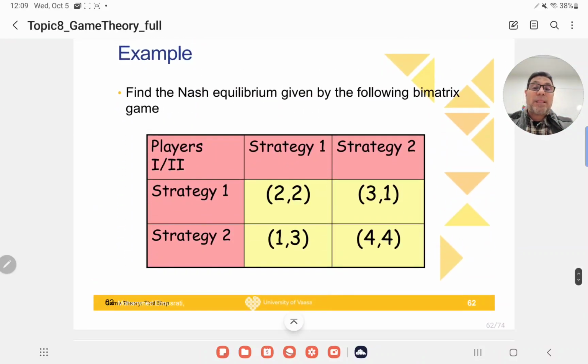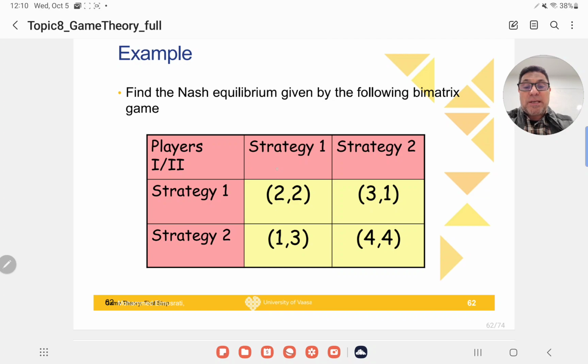So here is another example. If I asked you to find the Nash equilibrium here, of course, this one is not a zero-sum game. So for player 1, should they play 2 or 1?